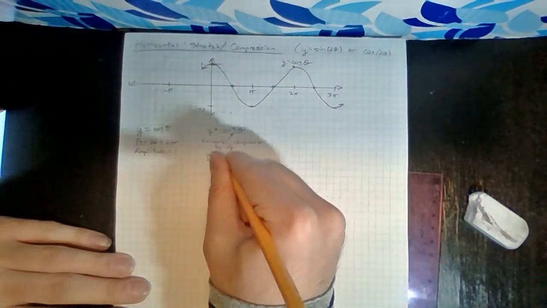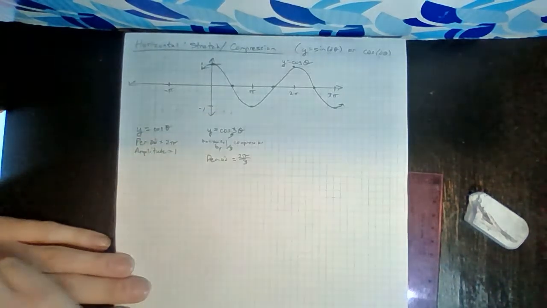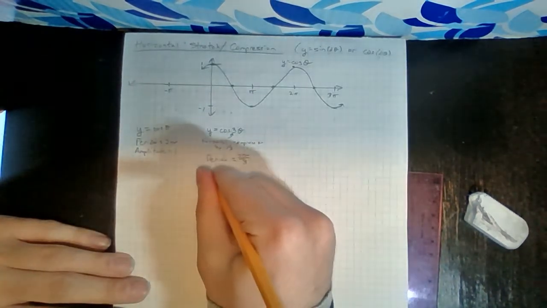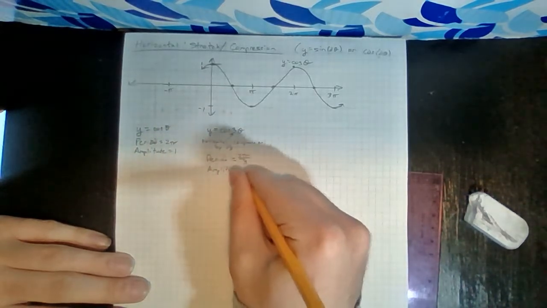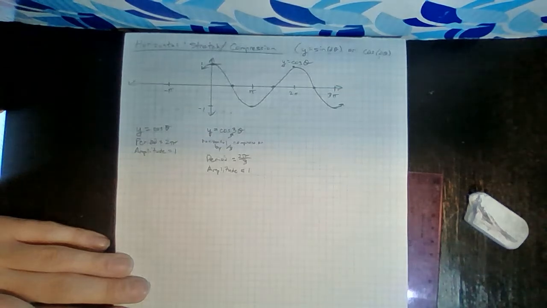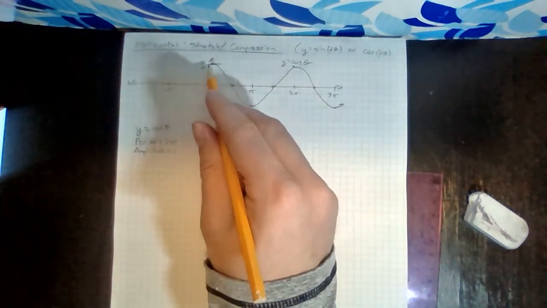It's now a third of what it was. So our period's going to be 2 pi over 3. And our amplitude's y values, so amplitude stays the same. So everything's going to be a third the distance from the y-axis.